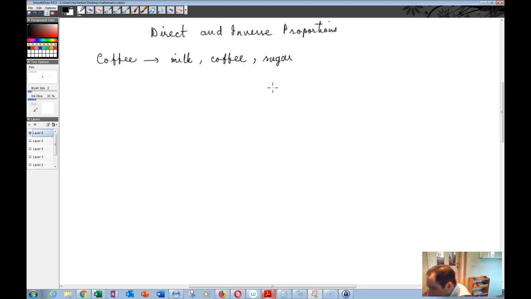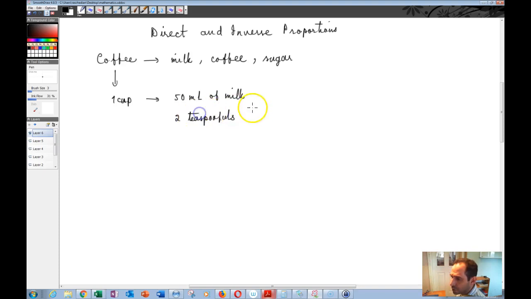So suppose that for 1 cup of coffee, you need, for example, 50 ml of milk. You need 2 teaspoonfuls of sugar, and you probably need 1 teaspoonful of coffee.